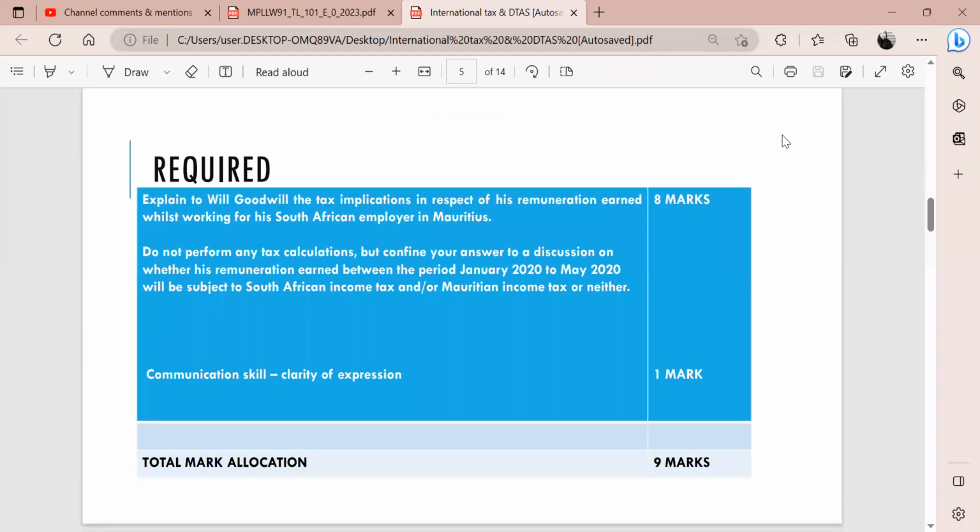Now let's take a look at the required. Explain to Will Goodwill the tax implications in respect of his remuneration earned whilst working for his South African employer in Mauritius.